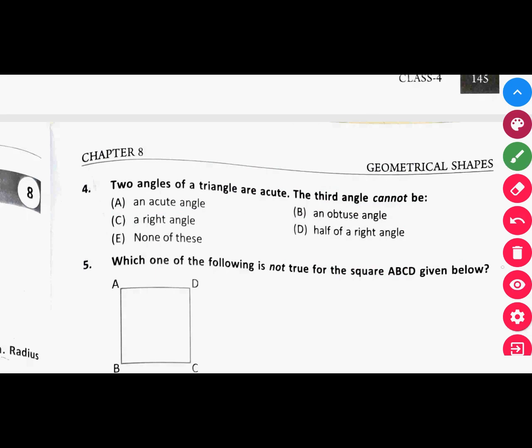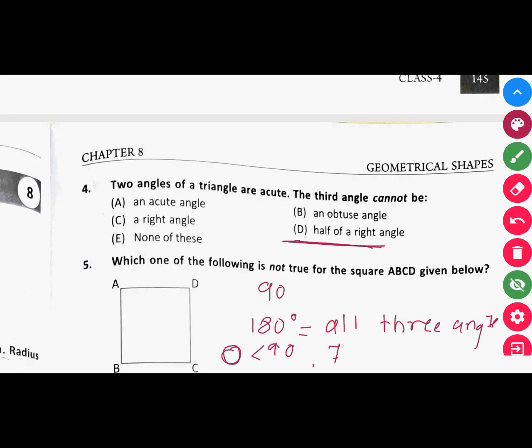Okay. So half of the right angle is our answer because the total should be 180 degree of all the three angles. And we know the maximum acute angle is less than 90 degree. 70, 80 if we take, 270 degree angle if we take.